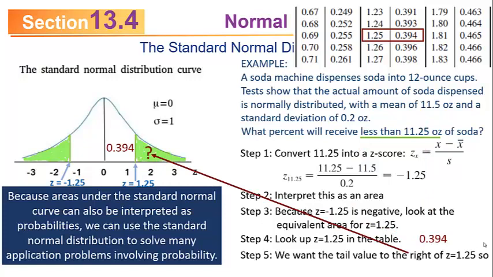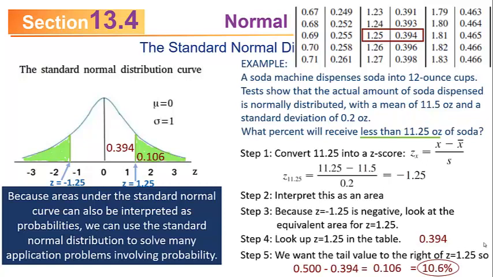So the area you really want is the difference between 0.5 and 0.394, which happens to be 0.106, which is about 10.6%. So you can expect about 10.6% of the sodas to receive less than 11.25 ounces of soda.